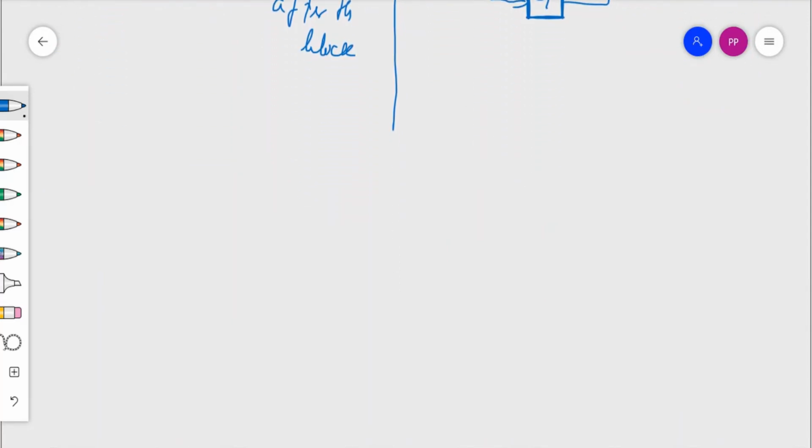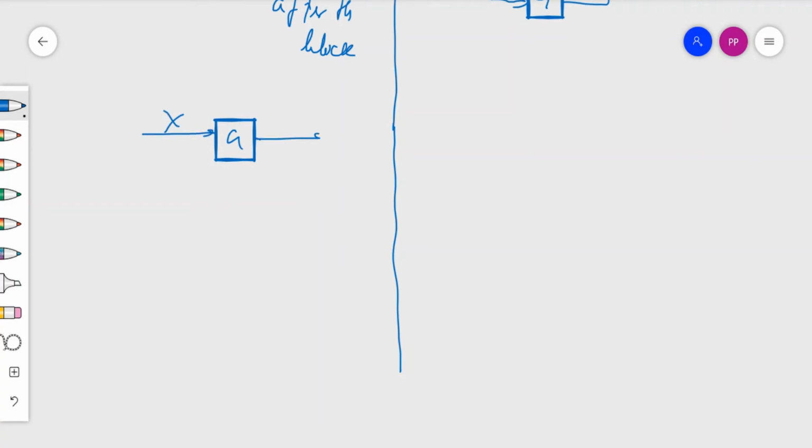Now consider the case where you are shifting the takeoff point from the front of the block to the back of the block. G is there, X is there. So here definitely you have Gx, and at the takeoff point I am getting Gx. I want to shift the takeoff point from here to here.